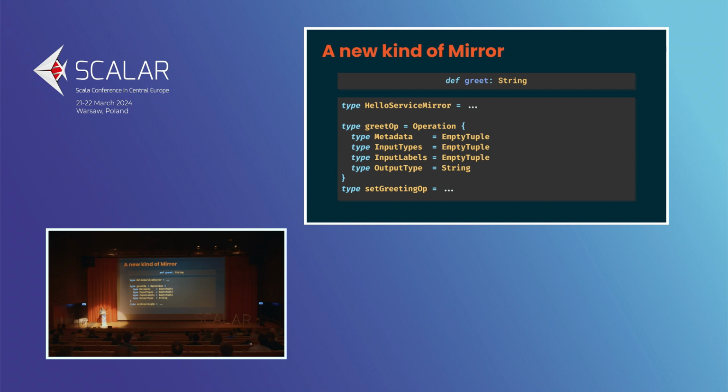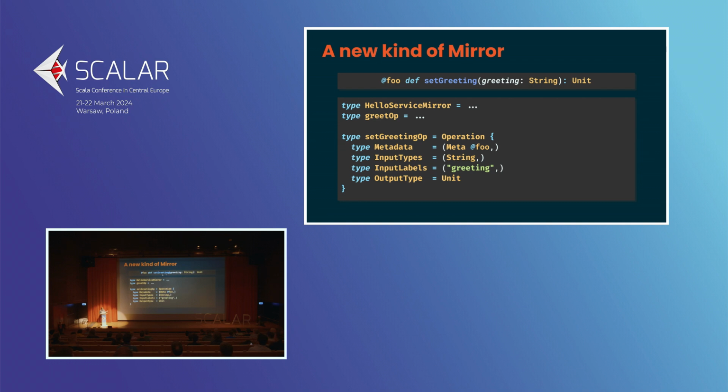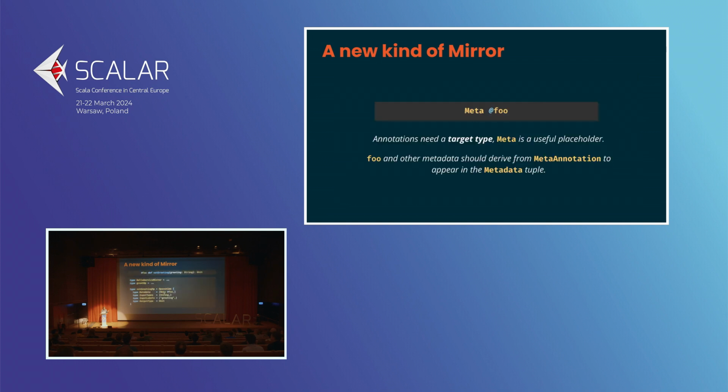So this is quite a simple operation. Then to show how it gets more complicated, in the set greeting, we have some annotation here, which gets represented in the metadata here. And then we have one parameter greeting of type string, and we return the unit. So you have this funny encoding here where I put the foo annotation on this meta thing here and put it inside a tuple. And why do we need that?